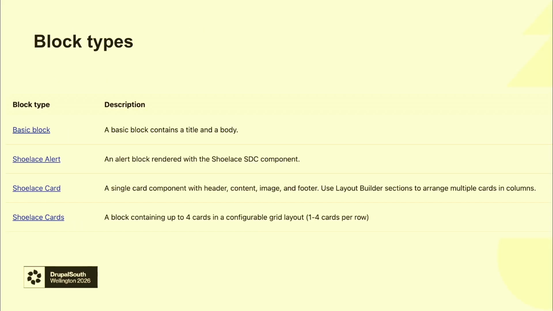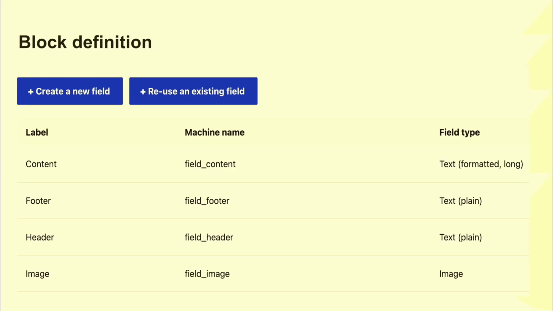That's the example we defined in the cards, which we actually did in a previous section. We have a component called a Shoelace card, so we have to build a custom block for that. With the custom block, you have variants to map each of the parts.